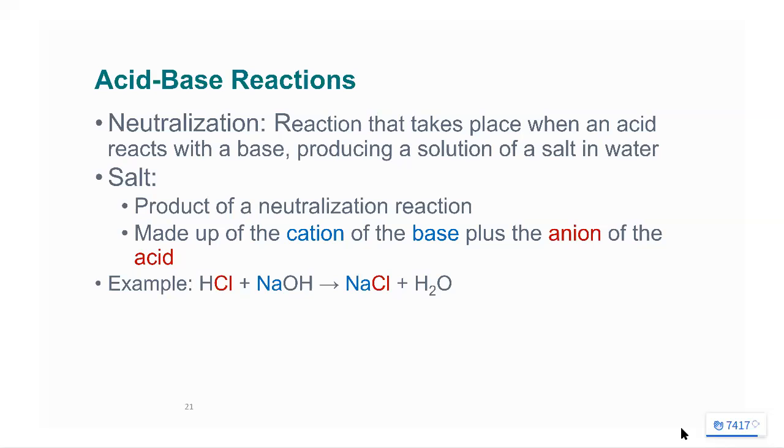And since water and an ionic compound are the products, that's often the reason why we can't see the reaction. Water is clear and colorless, just like the acid and base were. And if that compound that they form dissolves in water, we have no evidence visually to conclude that a reaction occurred.